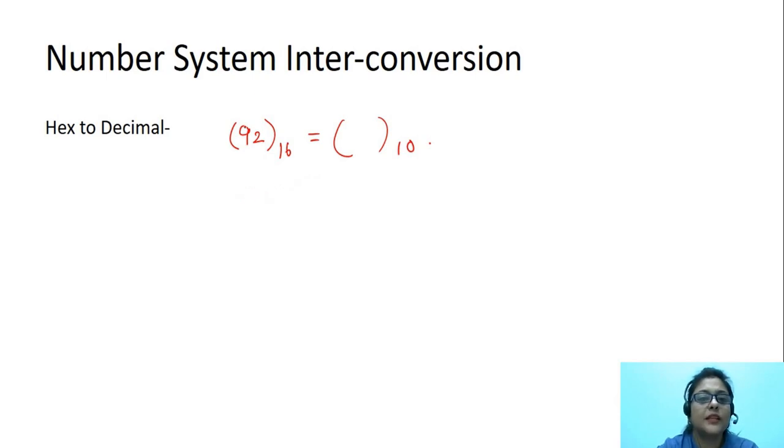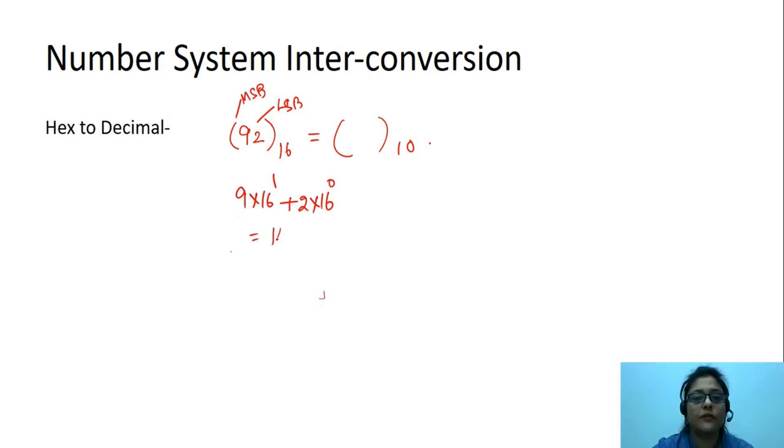There are two terms. So this will be the LSB and this will be the MSB. So 9 into 16 to the power 1 plus 2 into 16 to the power 0. So basically it will be 144 plus 2. So it is going to be 146. So 92 hexadecimal number is basically 146 decimal number.